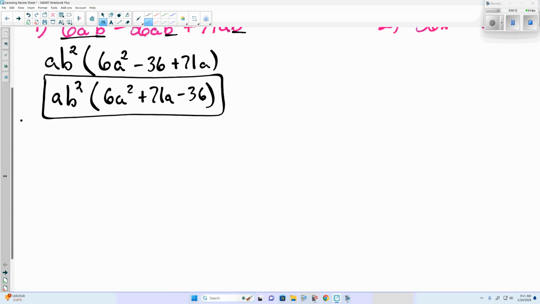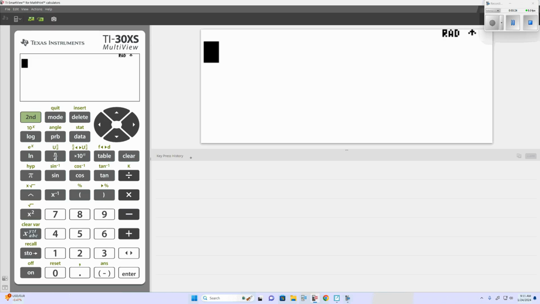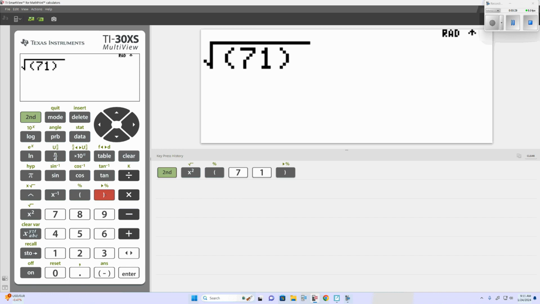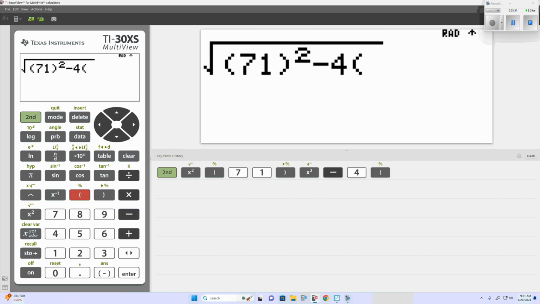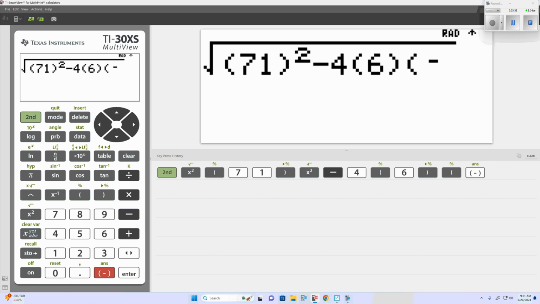Now, if we wanted to check this here, we could use our method of b squared minus 4ac. 71 squared minus 4 times 6 times negative 36. Squared minus 4 times 6 times.